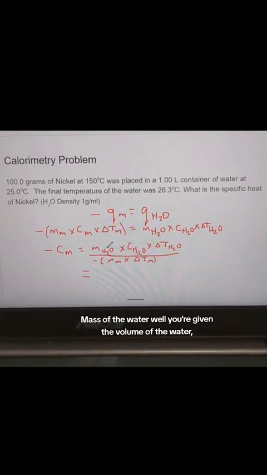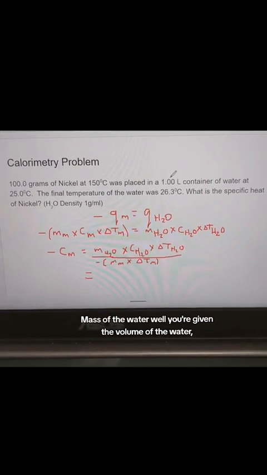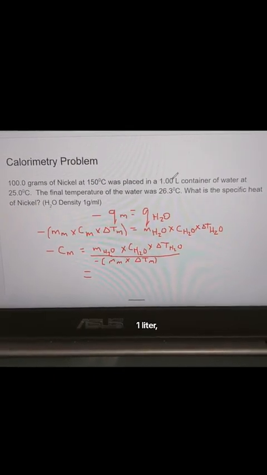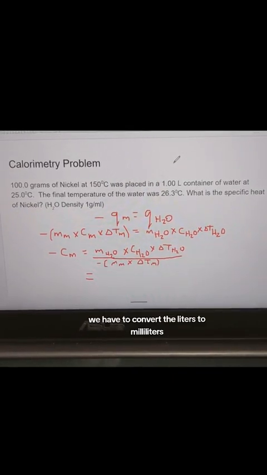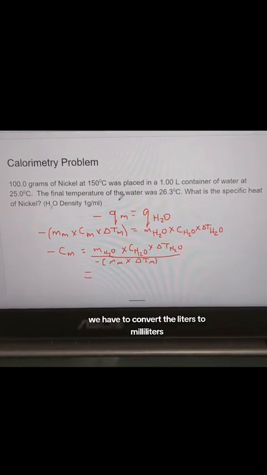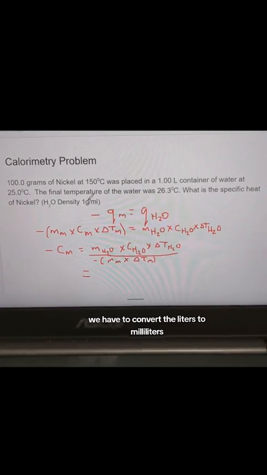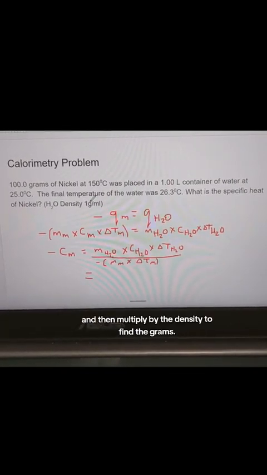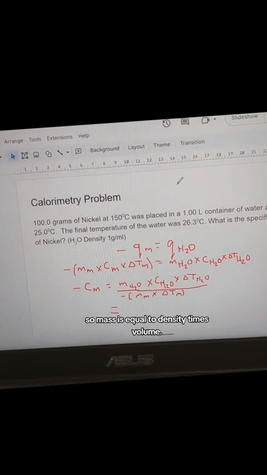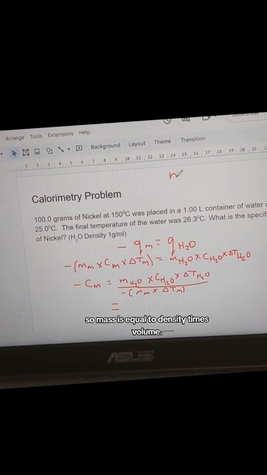Mass of the water. Well, you're given the volume of the water, 1 liter. We have to convert the liters to milliliters and then multiply by the density to find the grams. And so mass is equal to density times volume.